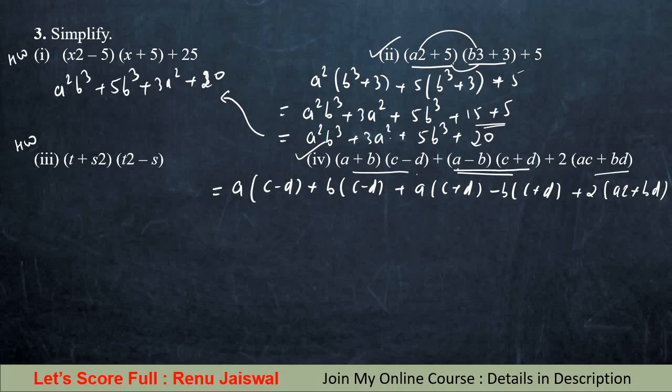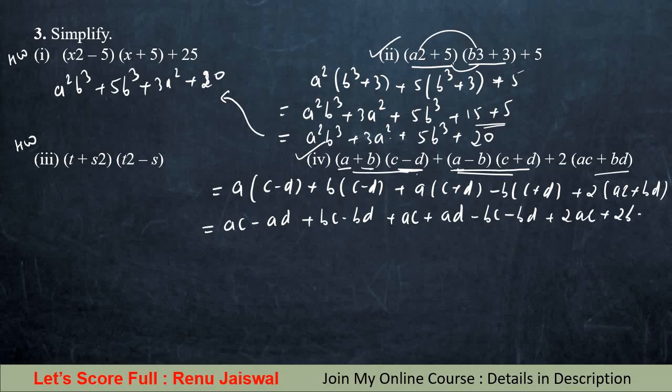Correct? I took the first term, second bracket, second term, second bracket. Same here, first term here, and then (c plus d), then the second term. And simply multiply. So it is ac, ad, then bc, bd. Then again ac, ad, minus bc, minus bd, and 2ac and 2bd.